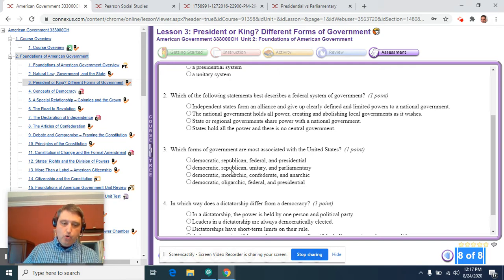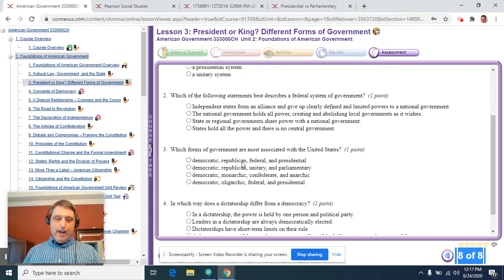All right. Which forms of government are most associated with the United States? Okay. Well, look at this here. Do you see all 4 has democratic in it? So that will tell me that democratic is probably right. Okay. So I don't have to look at that. All right. Let's look at these other ones. Republican, monarchic, oligarchic. Okay. We didn't even talk about oligarchic. We talked about monarchic and Republican. Remember, Republican means representative.